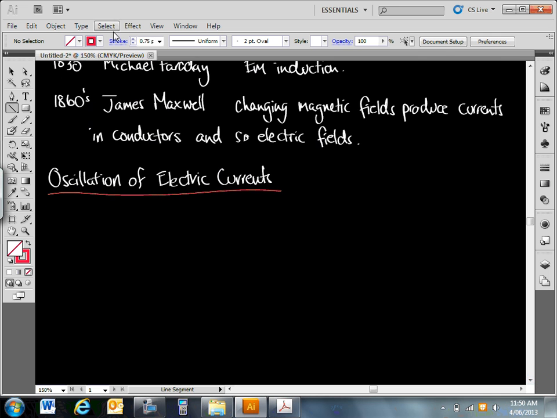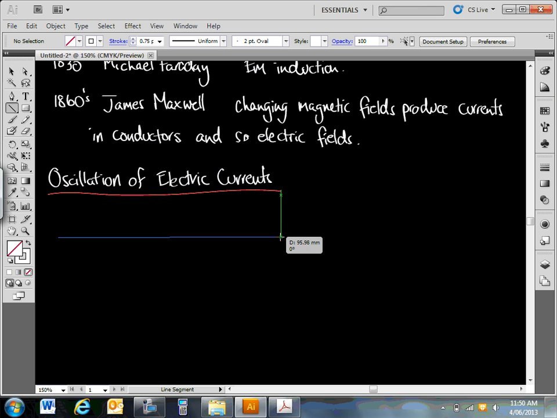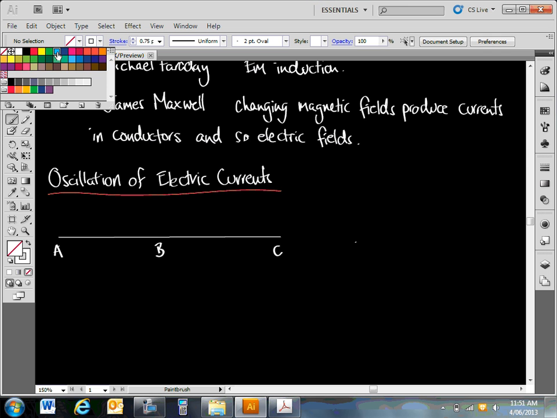So have a look at this idea here. Let's take a conductor looking like this, and I'll say that this point is A, at the center is B, at the other end is C. What I'm going to do is cause an electric charge, a charged particle.